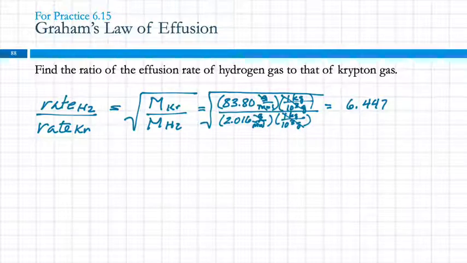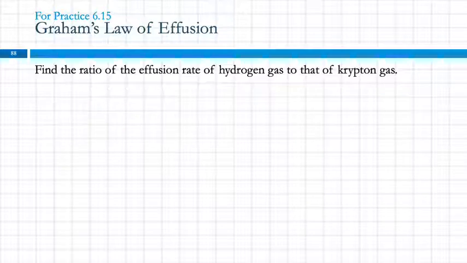So hydrogen will effuse 6.447 times faster than krypton. It's not a percentage, it's just a ratio of this one is this many times bigger than the other. 6.447 to 1.